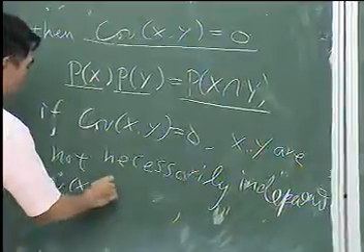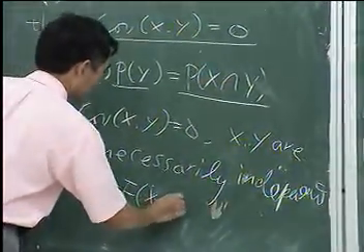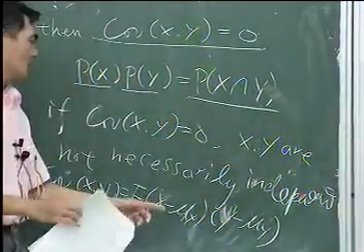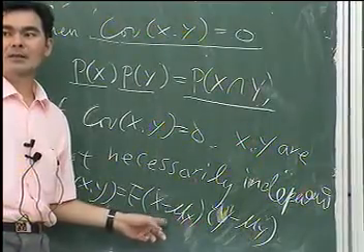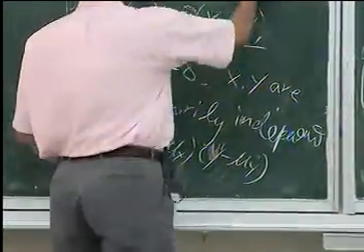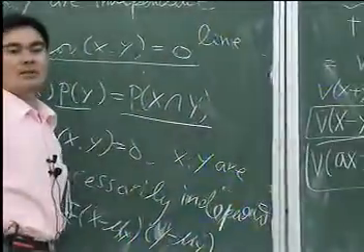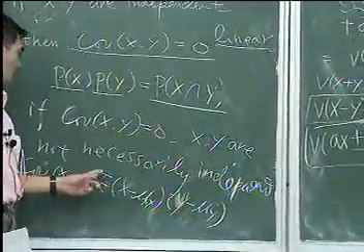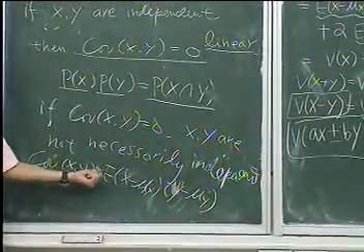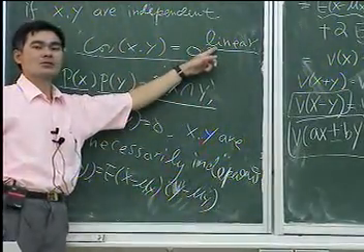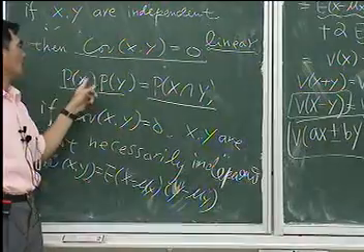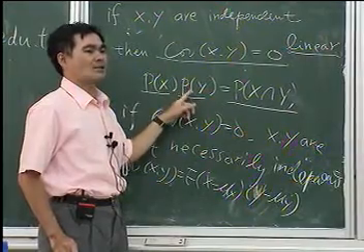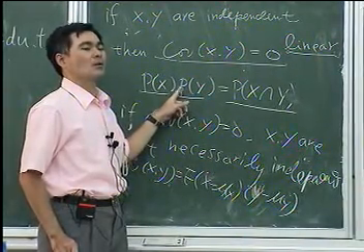covariance of X, Y is equal to the expectation of (X minus mu X)(Y minus mu Y). This is a linear relationship. Linear is about a line. So, as a matter of fact, covariance of X, Y only defines the linear relationship between X and Y. But independence has various aspects, more than one aspect.